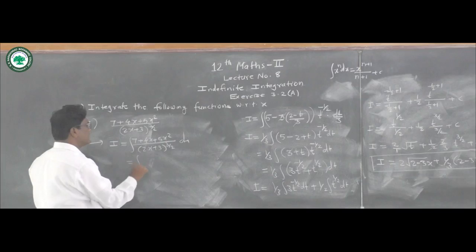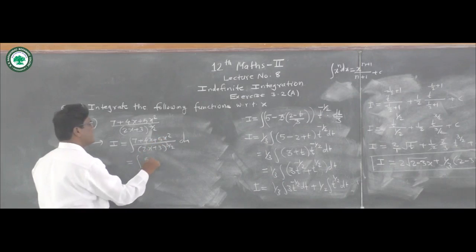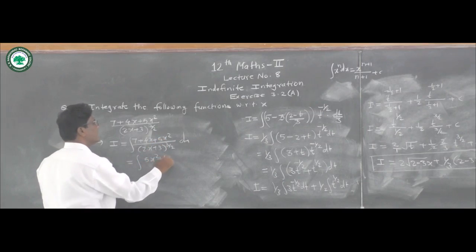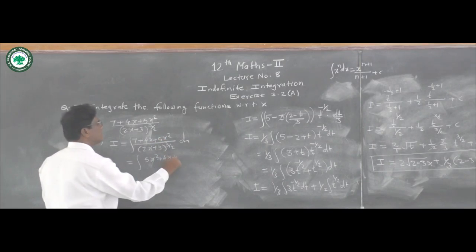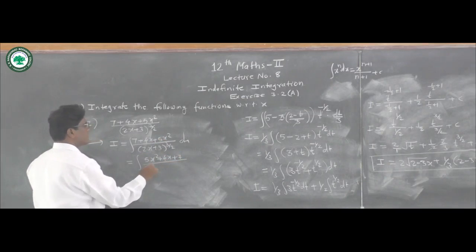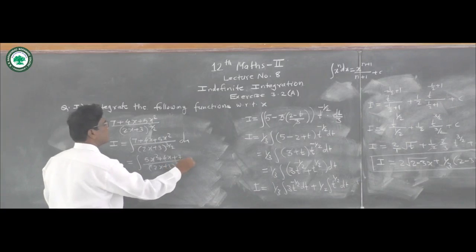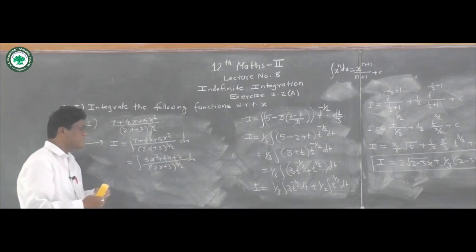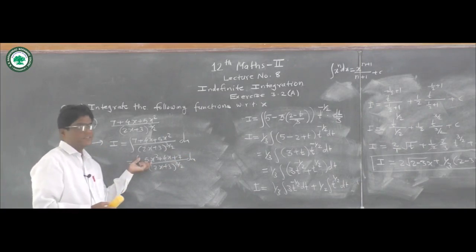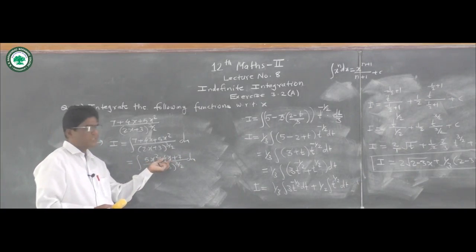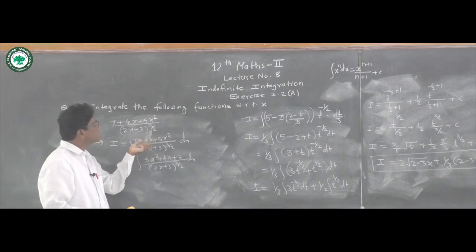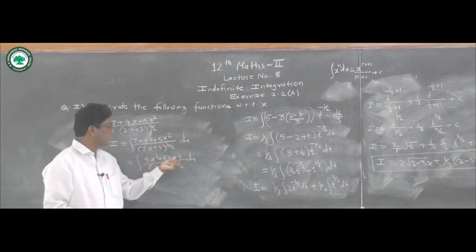And so it is equal to integration of 5x square plus 4x plus 7 divided by 2x plus 3 to the power 3 by 2 dx, because always we write the quadratic term firstly, then the linear term whose power is 1, and the constant term, and so we rewrite this quadratic expression like this.